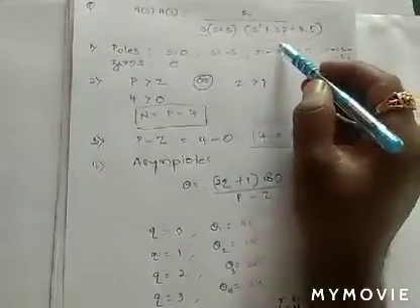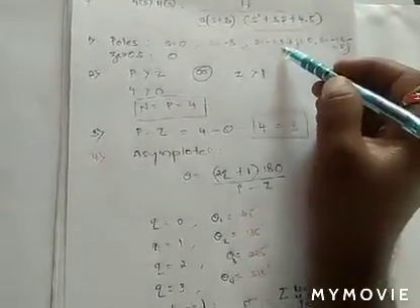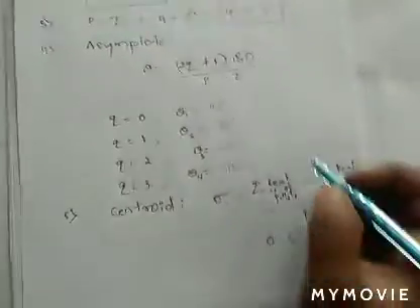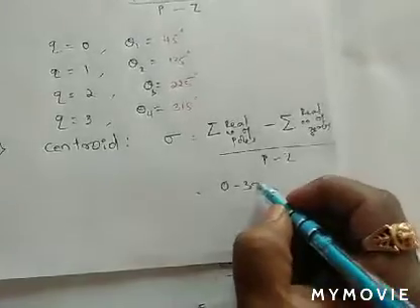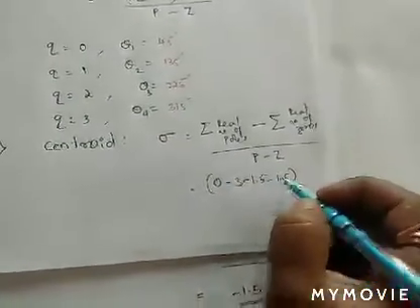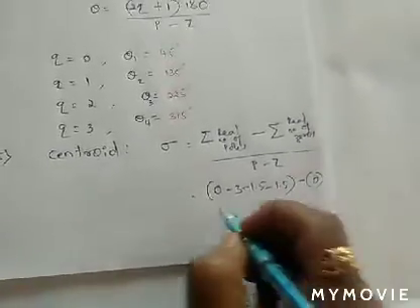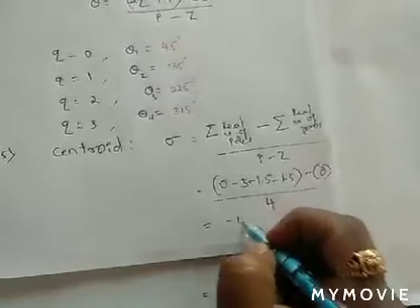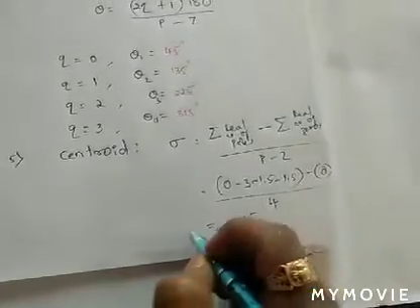Consider the real parts. For this pole the real part is minus 1.5, and j is imaginary. So minus 1.5 minus 1.5, two times, as we have 2 poles, minus there is no zero, P minus Z is 4. So you will get minus 1.5.